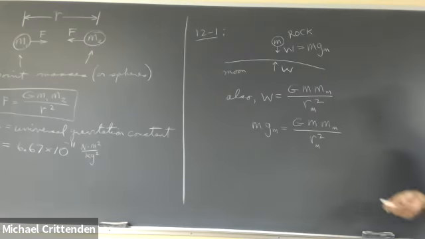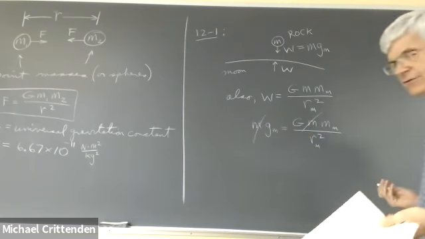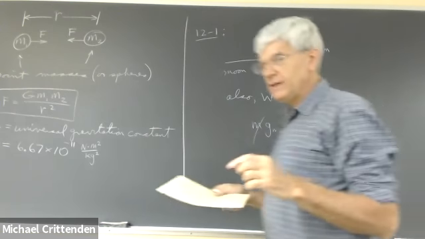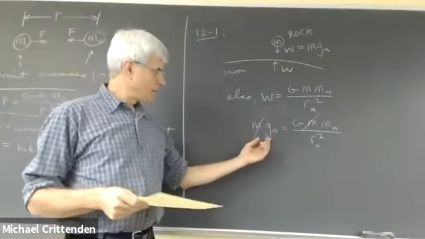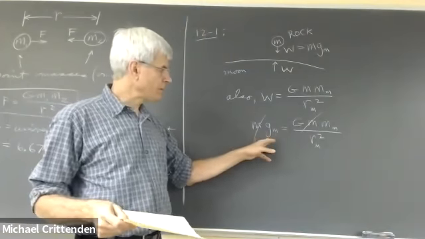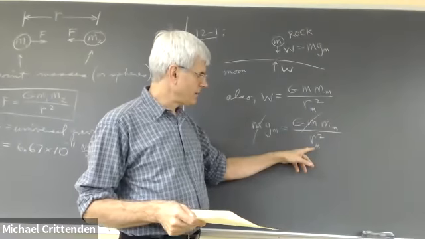So our test mass, the mass of the rock, cancels out. Divide both sides by m and it's gone. And you're left with g at the surface of the moon, the thing we're looking for, equals capital G times the mass of the moon over the radius of the moon squared.